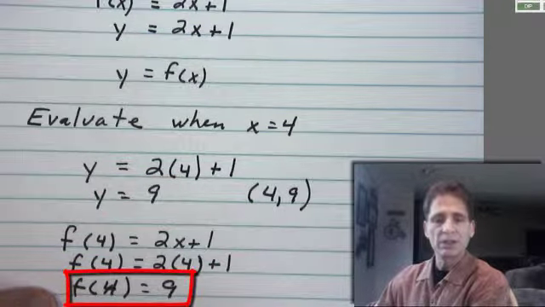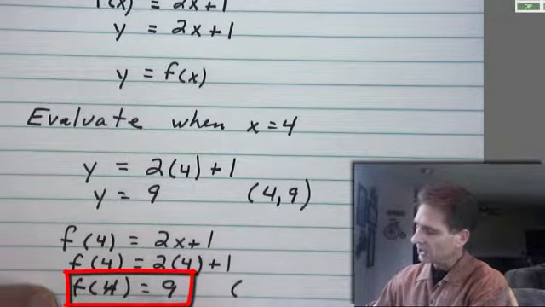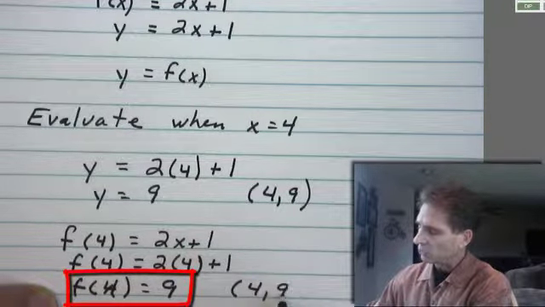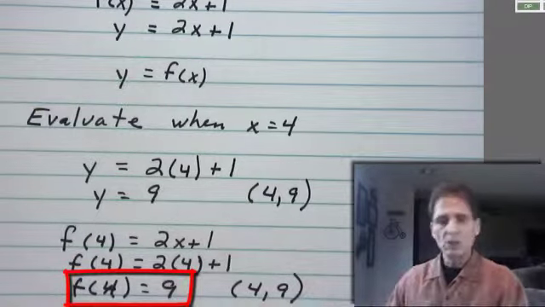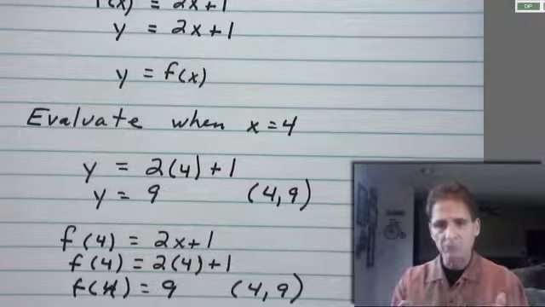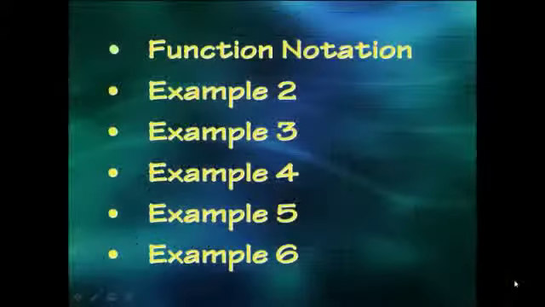Notice in function notation form that I know immediately that my input value was a 4 and my output value is a 9. So really the only difference with function notation is it gives you more information about what's going on.